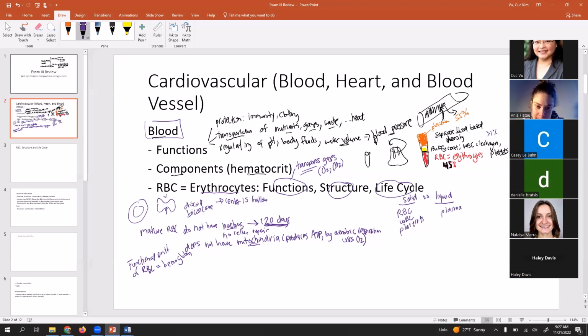A lot of you did beautiful discussion videos in terms of hypoxemia. Hypoxemia is a really nice example of how that incorporates the life cycle. So what is the life cycle of a red blood cell? First of all, let's start with where they are produced. Red bone marrow? Yeah, produced in bone marrow.